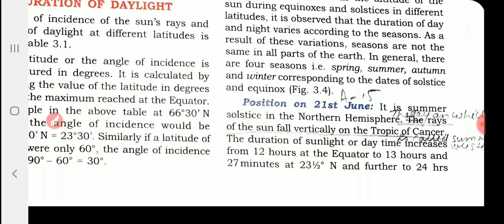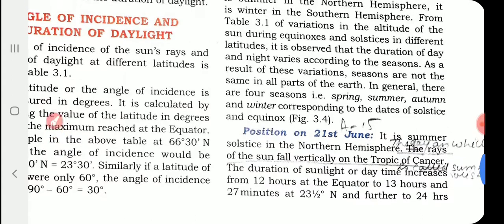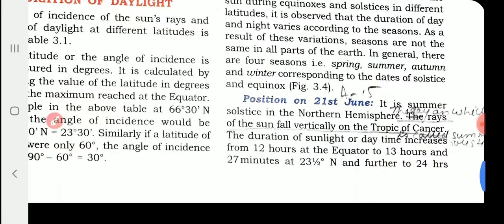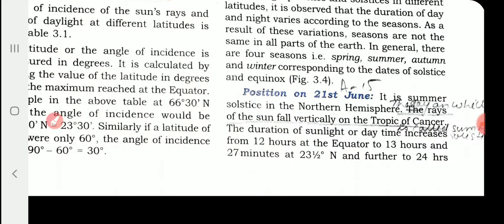But the time of the seasons varies, and the duration of day varies in the seasons, because of the movement of the sun, or rather the revolution of the earth around the sun.